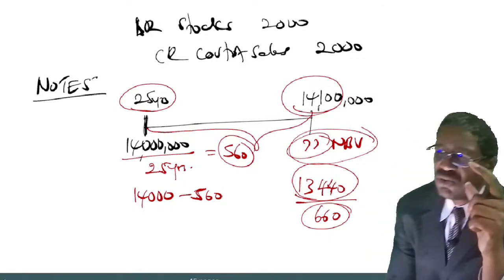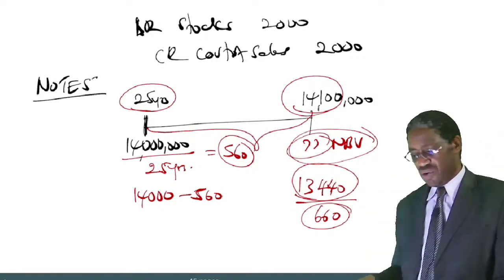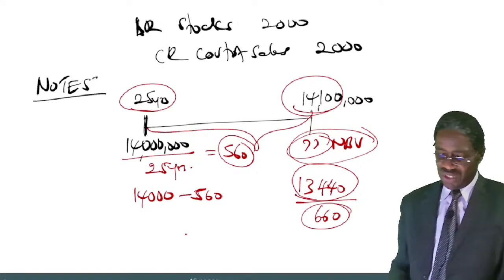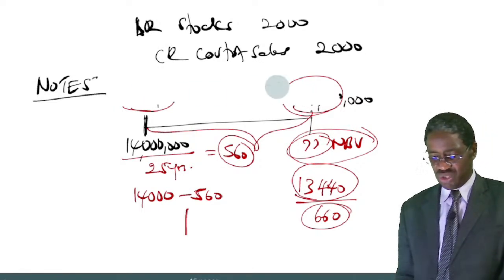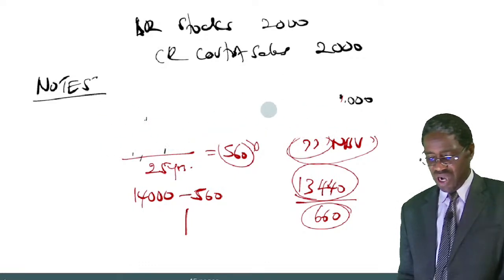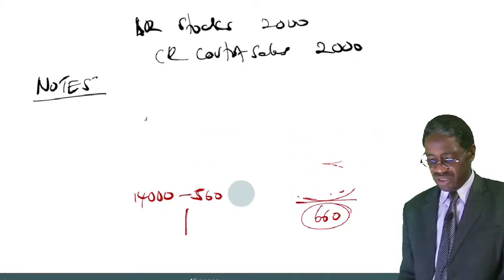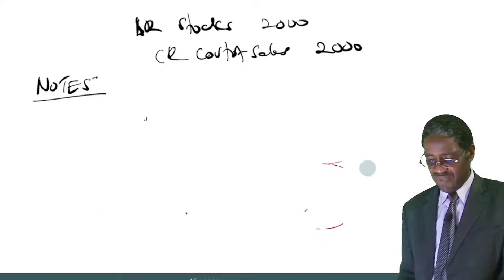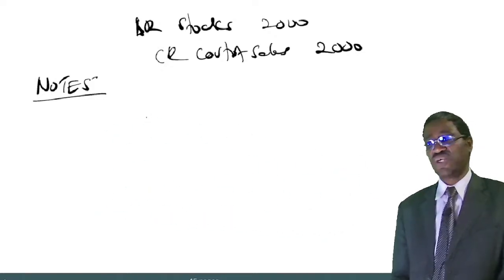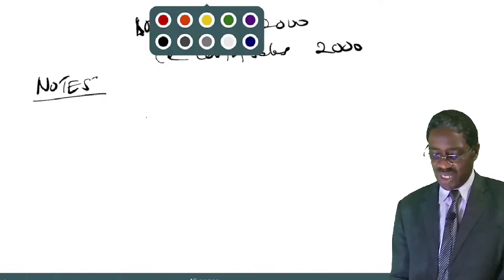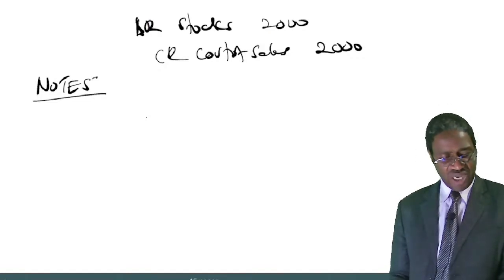So let's put down that working. That's what the question wanted you to do on how to determine, one, the depreciation charge for the year, and two, the gain or loss on revaluation. So let's put down that working. That is note number 5.